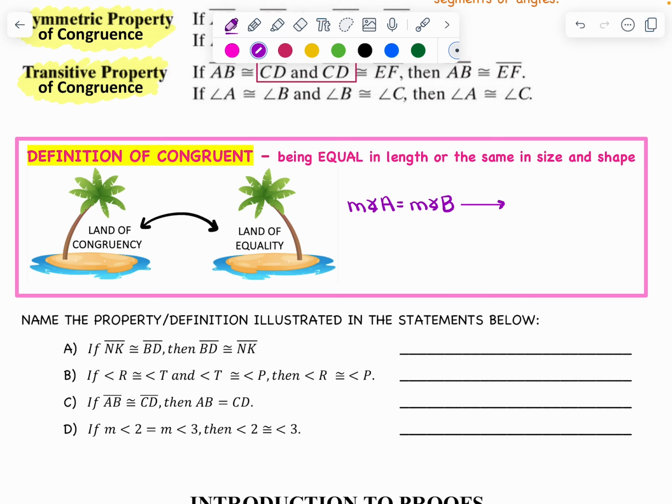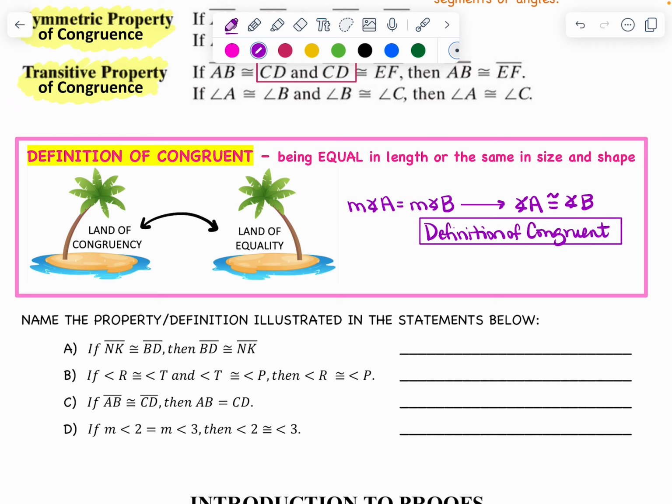And so I'm going to have to transform at some point and say that angle A is congruent to angle B. And you can do that, but again, you have to justify every step that you make. And if you want to make that transition, then the definition of congruent, right, is what you're going to be using to justify that jump from one land to another.